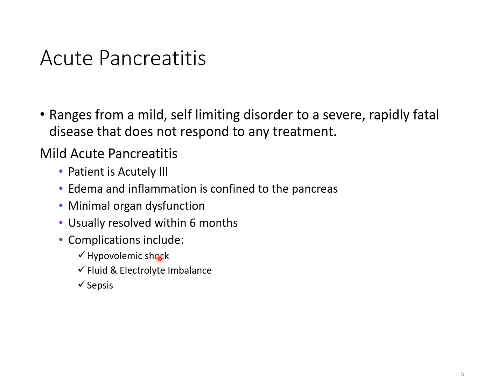You may get things like hypovolemic shock, fluid and electrolyte imbalance, and sepsis. But that's if it progresses and starts spreading much more than it should. So usually confined to pancreas, minimal organ dysfunction, hypovolemic shock for sure, fluid and electrolyte imbalance. By the time you're getting things like sepsis, then it's becoming severe. So I would put that under severe.